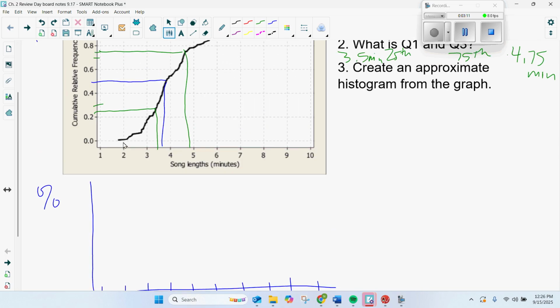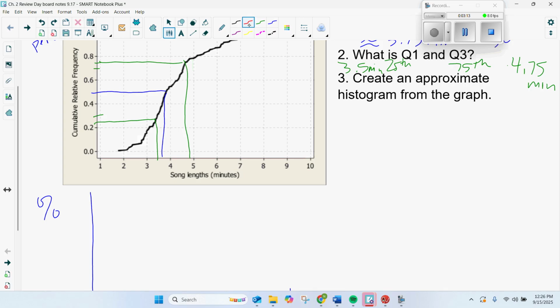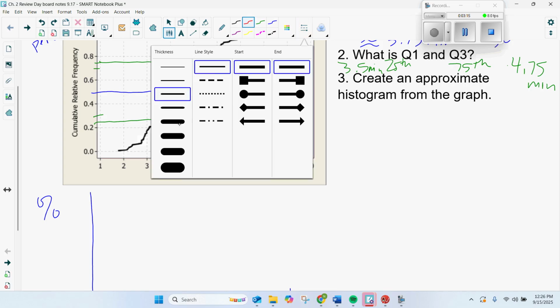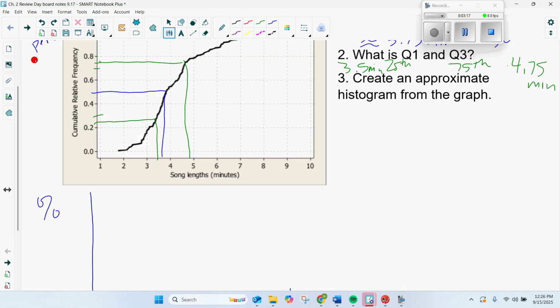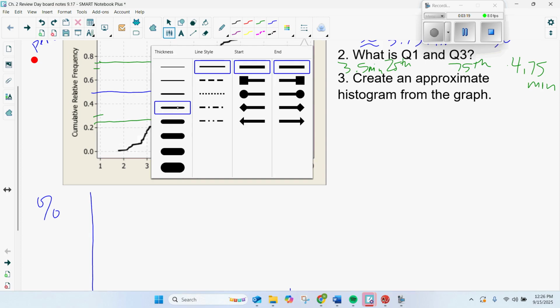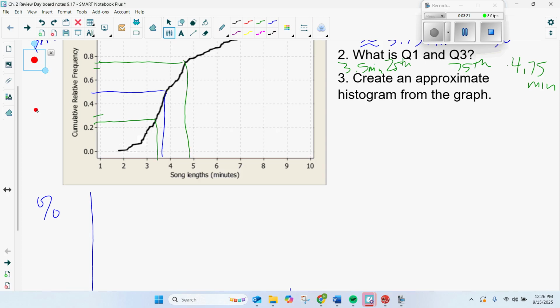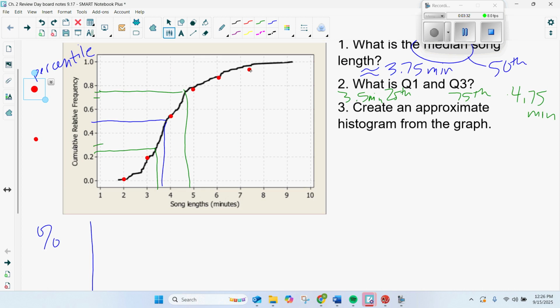So I'm actually going to put some points on the graph. So I basically need a point at every spot on my x. So here's 2, 3, 4, 5, 6, 7, 8, 9.